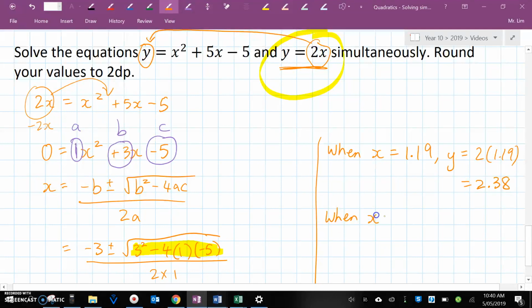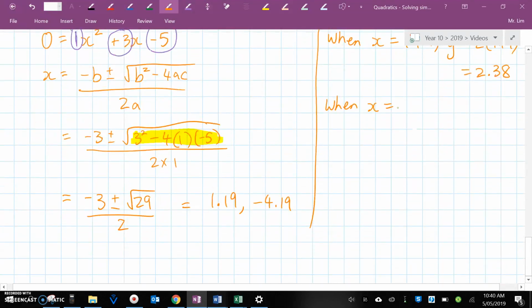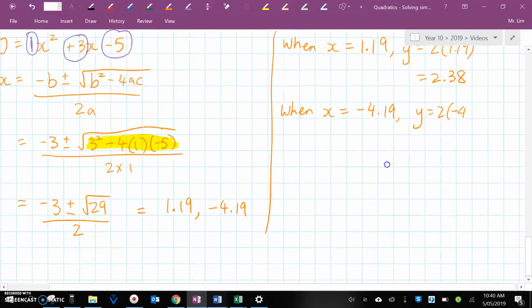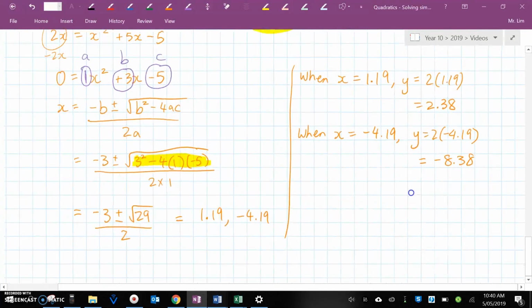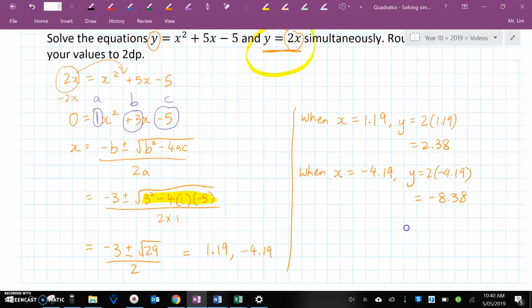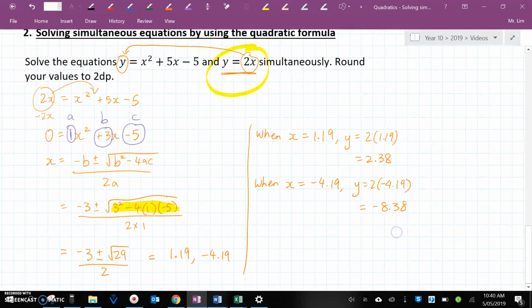When x is equal to negative 4.19, y is equal to 2 lots of negative 4.19, which is equal to negative 8.38. And that is it for this question and for this video.